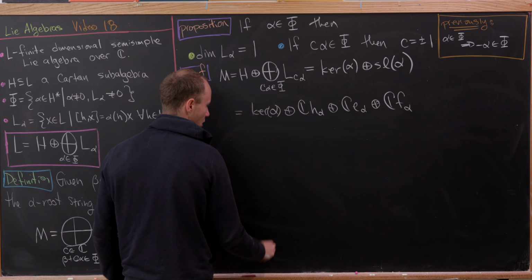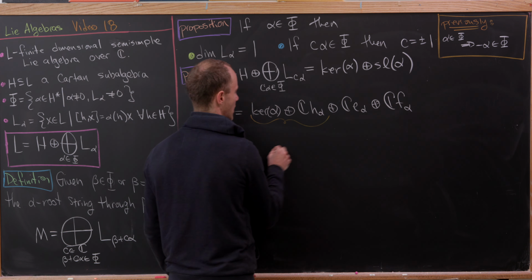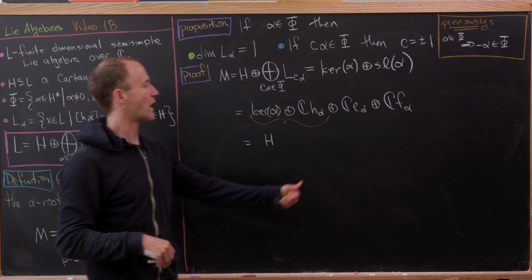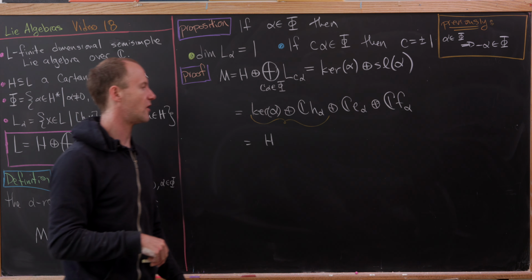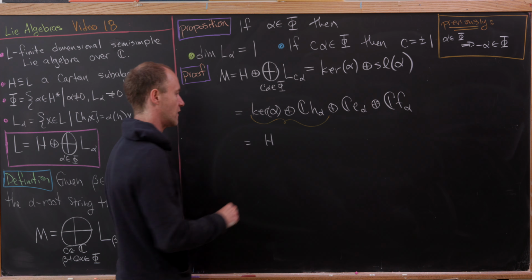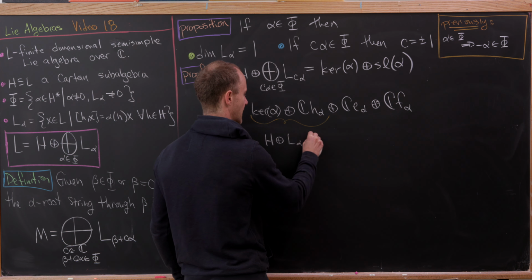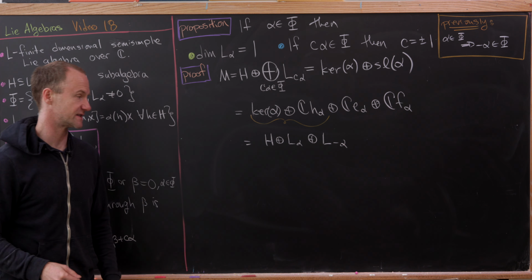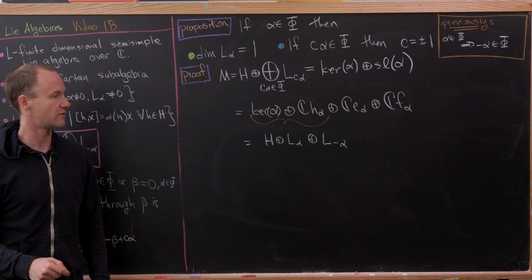But now earlier we argued that this stuff turned into H. And then we know that E alpha is inside of L alpha. So this is direct sum with L alpha, direct sum with L minus alpha, because we know that F alpha is inside of L minus alpha.